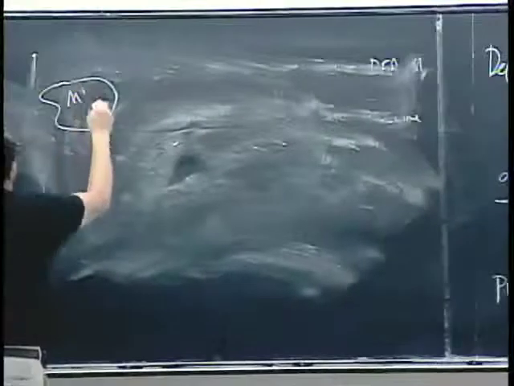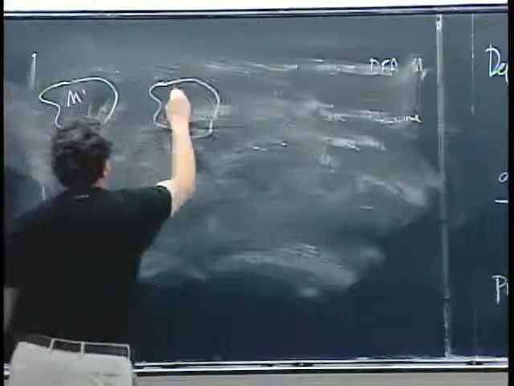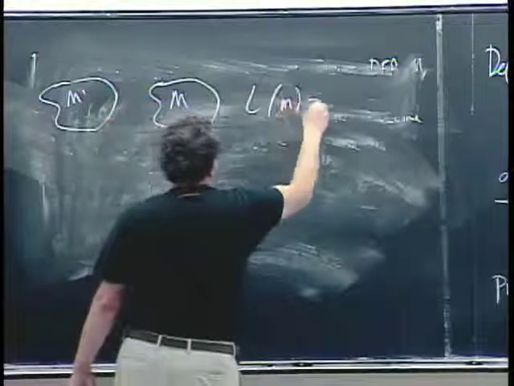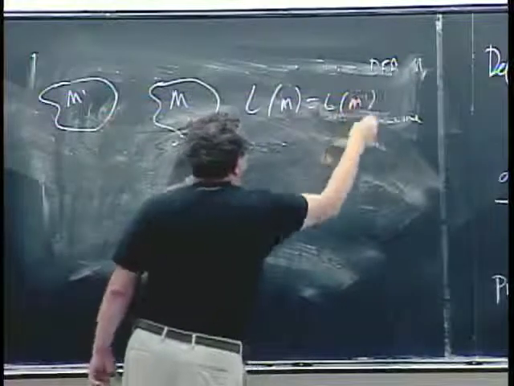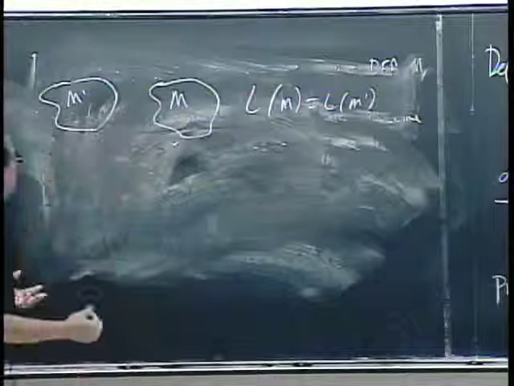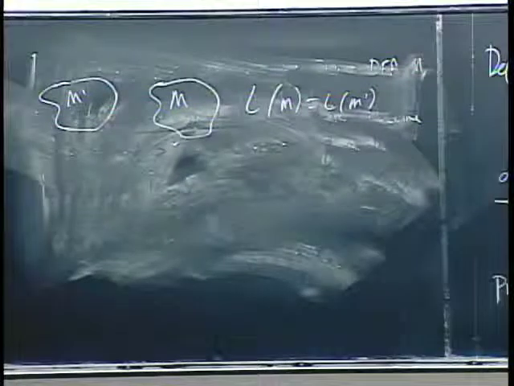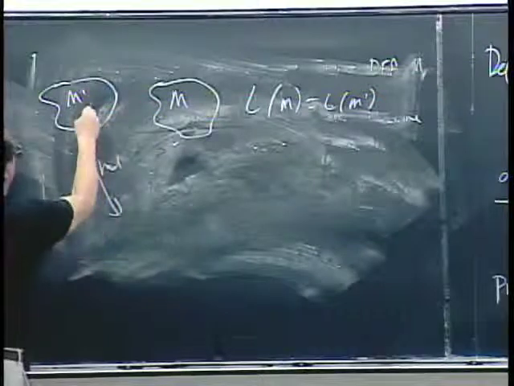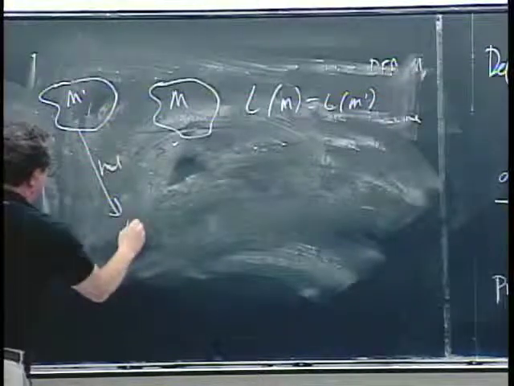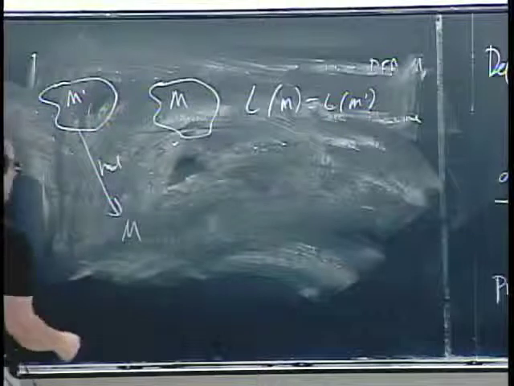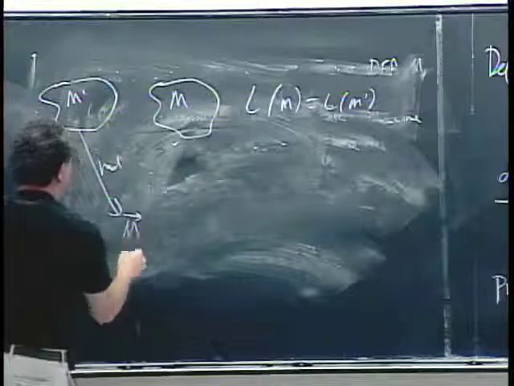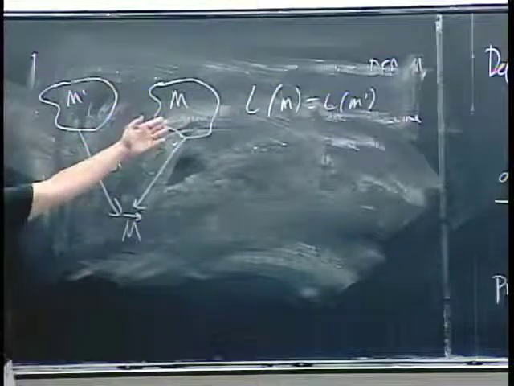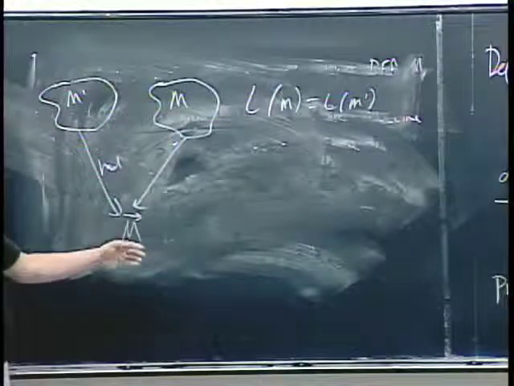Here we have a DFA M prime. Here we have a DFA M. And it happens that L(M) equals L(M prime). These are two DFAs that recognize some particular language, but it's the same language. And then you do the reduction procedure on M prime, and you end up with something, M tilde. Or you do the reduction procedure on M, and you end up with something.